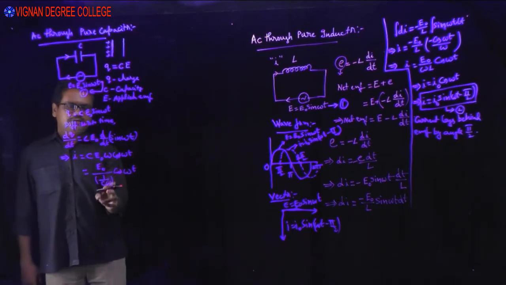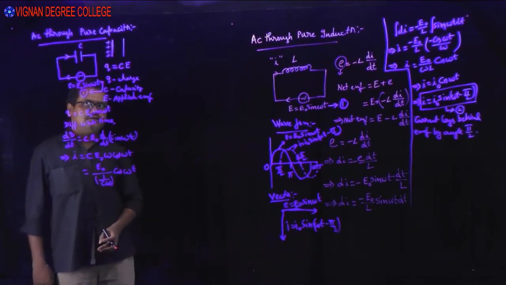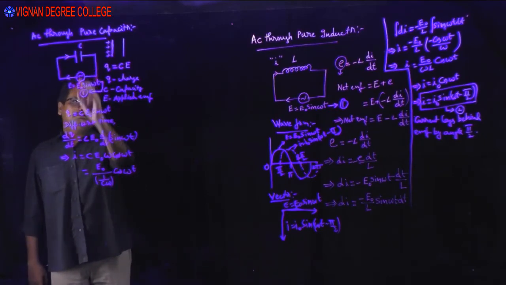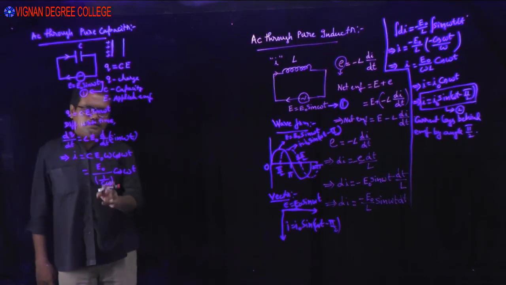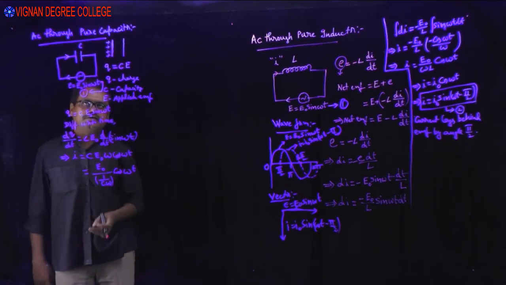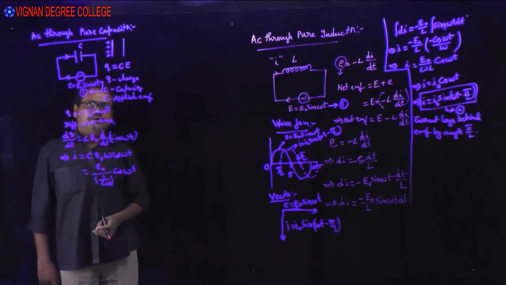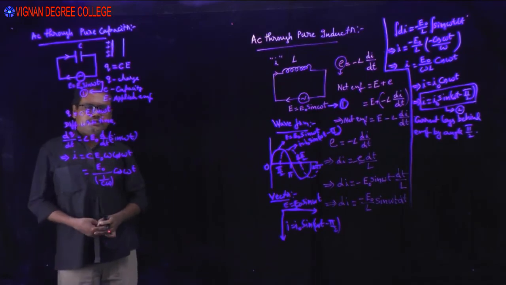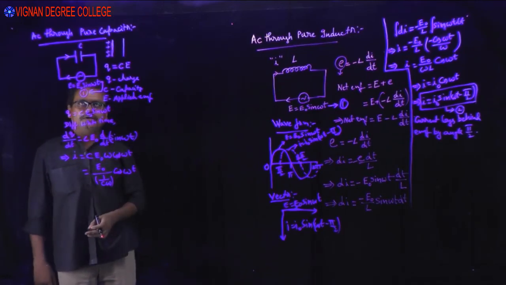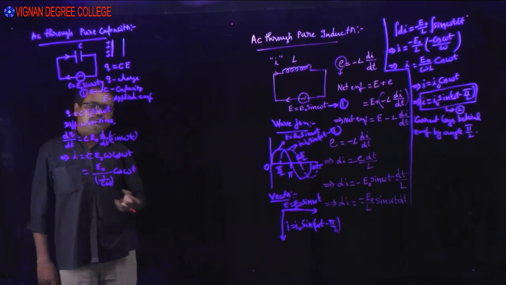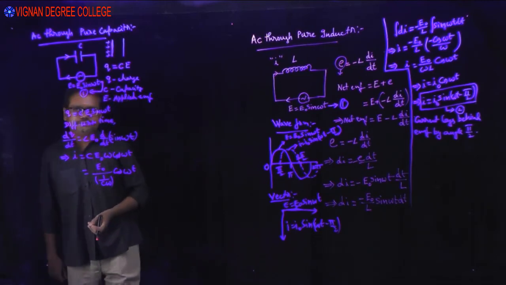Here 1 by C omega is called capacitive reactance. Reactance is nothing but resistance. Resistance is the property of the medium which opposes the flow of current.